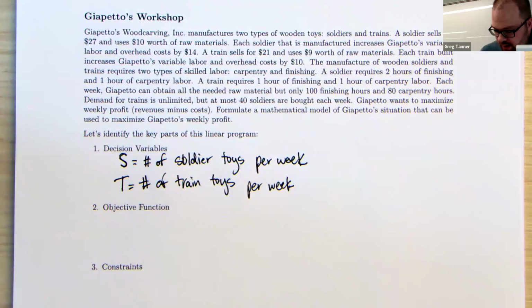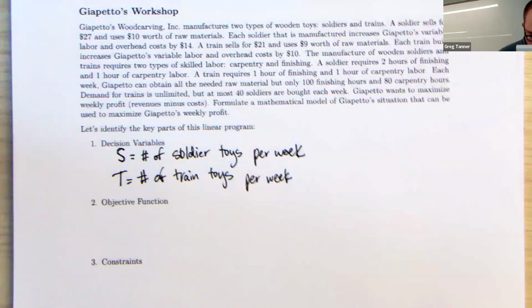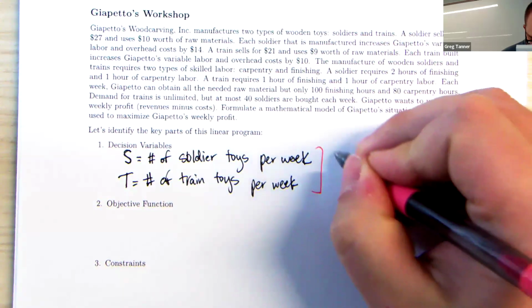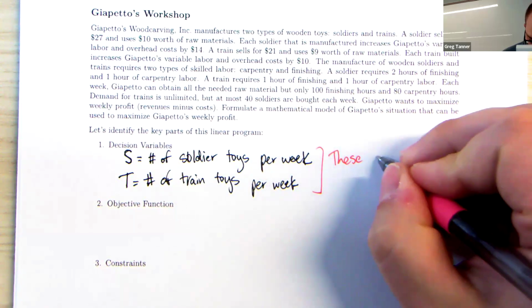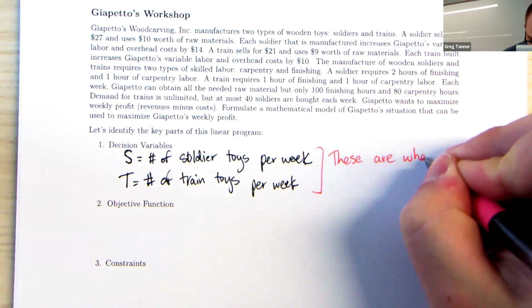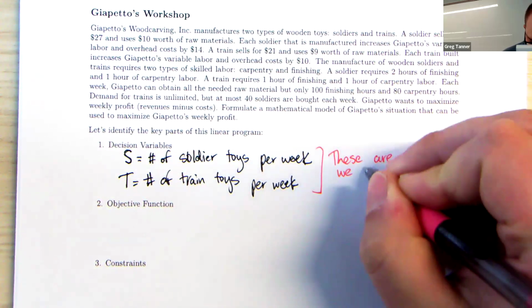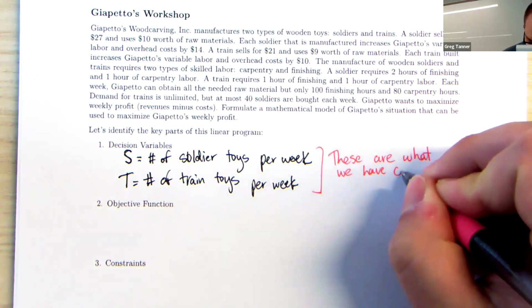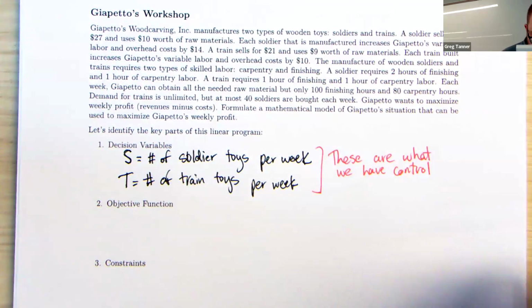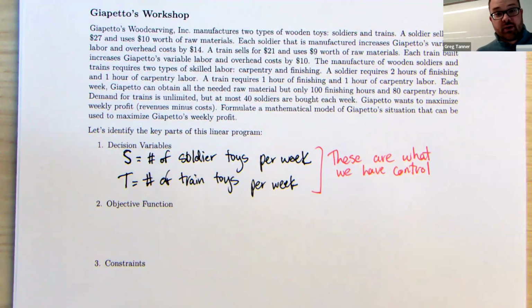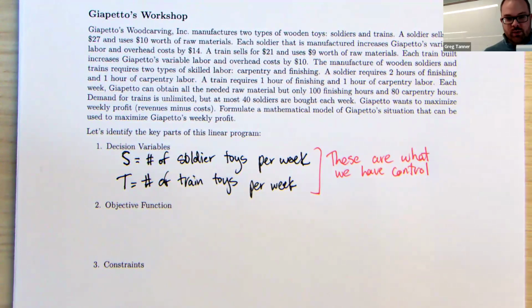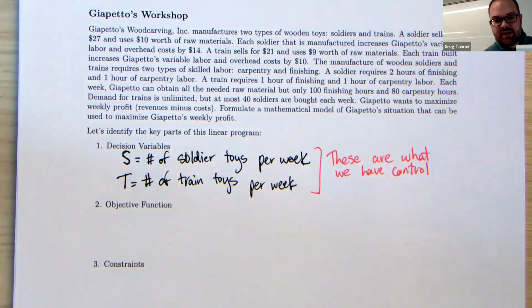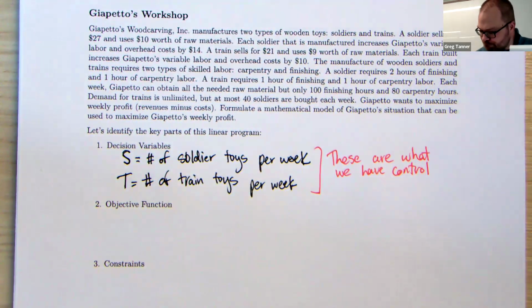The thing to remember about these decision variables is that these are what we have control over. We don't have perfect control over them, but we have some control over them. There are limits. We can't make as many soldiers or as many trains as we want. But these are the things that we have control over.